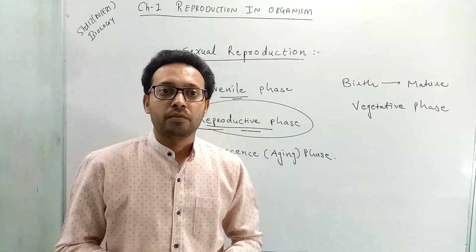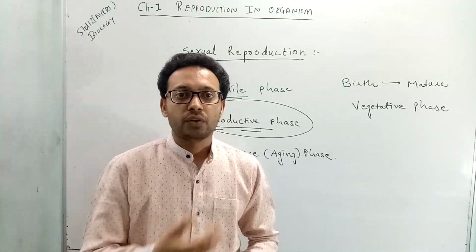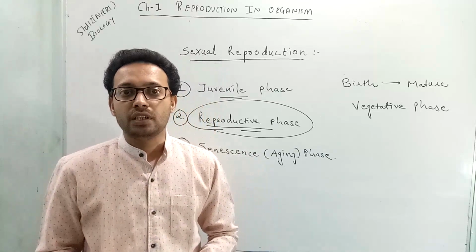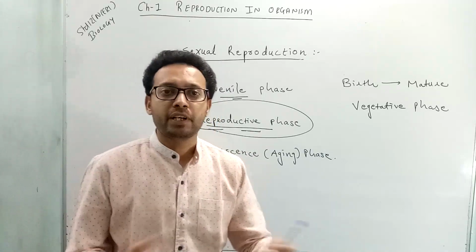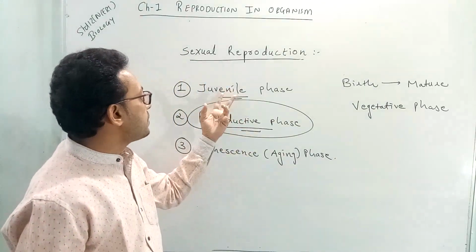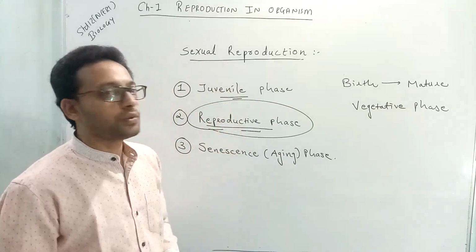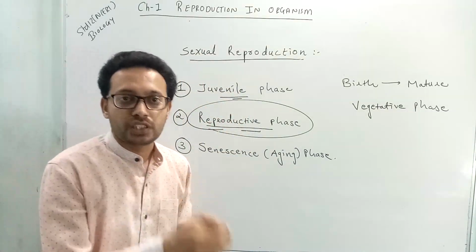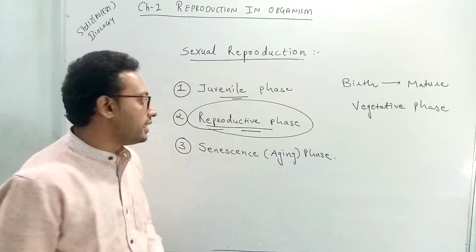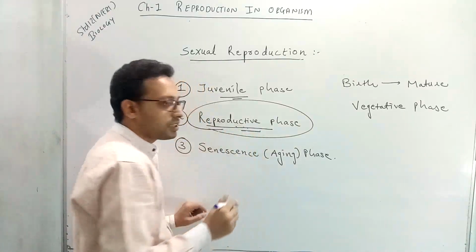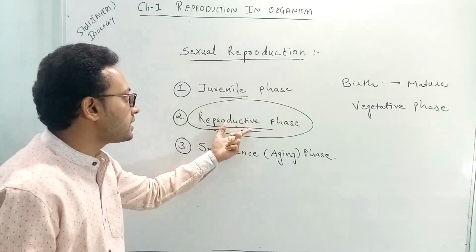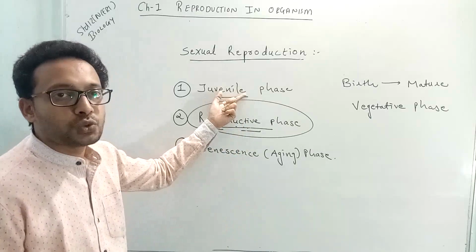There is development of hair on the body. The voice becomes either shrill or heavy, depending on the sex. So these changes occur when the animal transfers from the juvenile phase to the reproductive phase. So it's clear where the reproductive phase starts. The reproductive phase starts after completion of the juvenile phase.